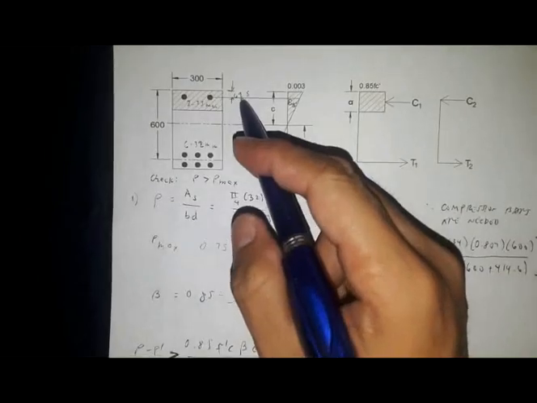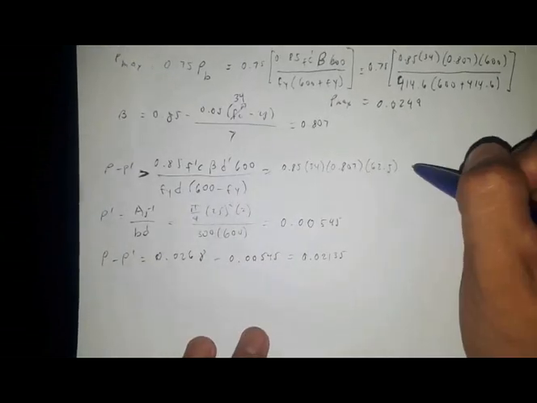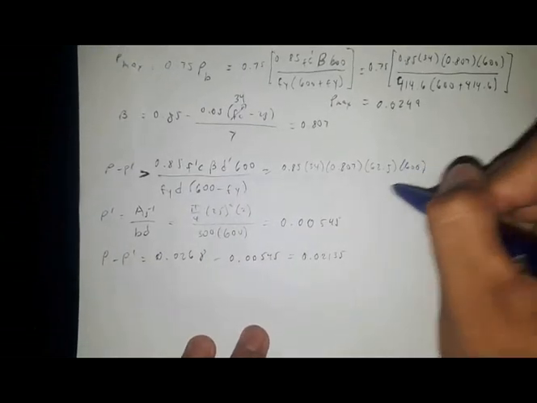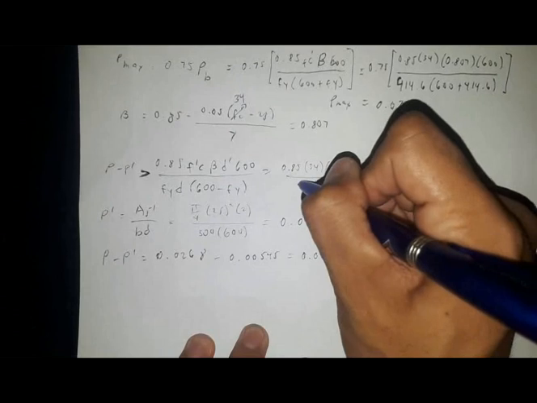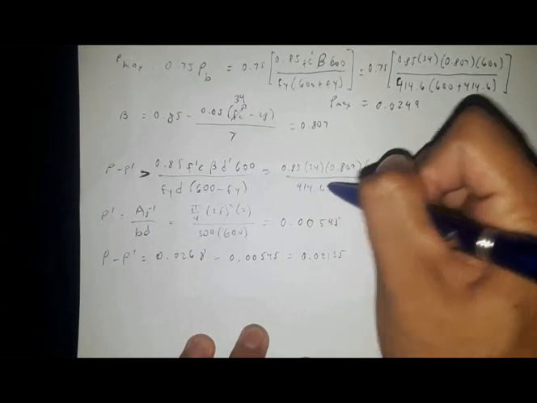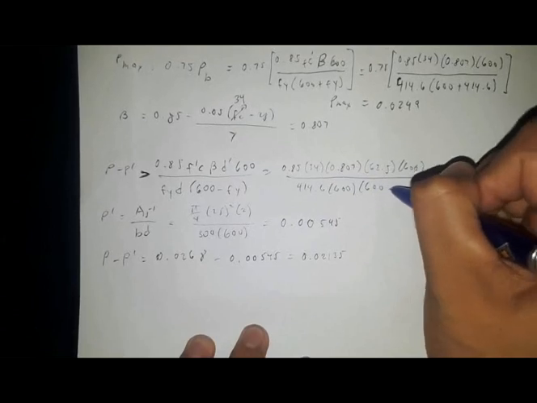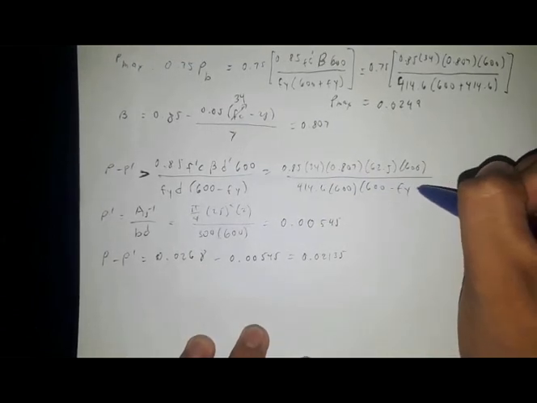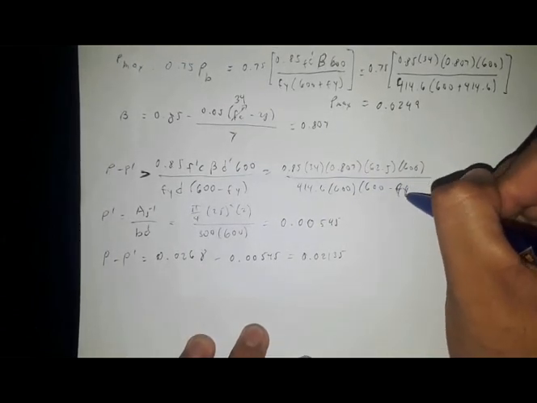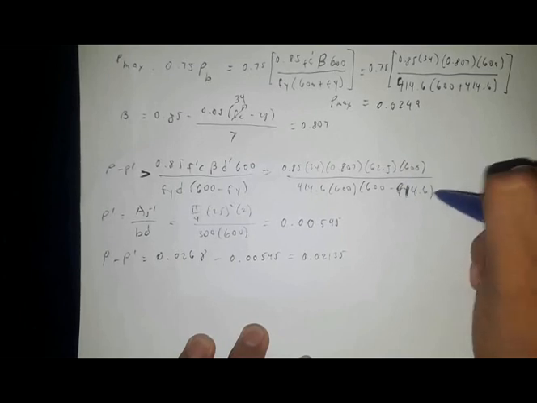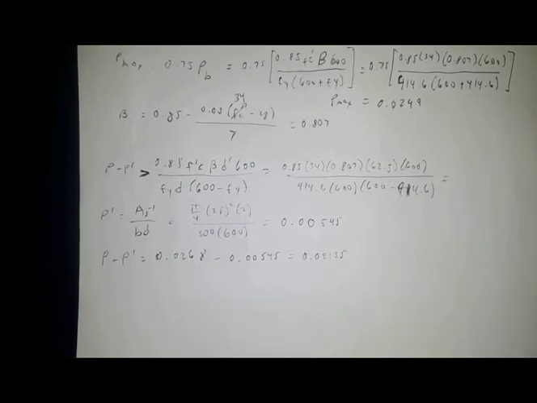So, ito yan. Times 600 over Fy times d times 600 minus Fy. So, that is 414.6.